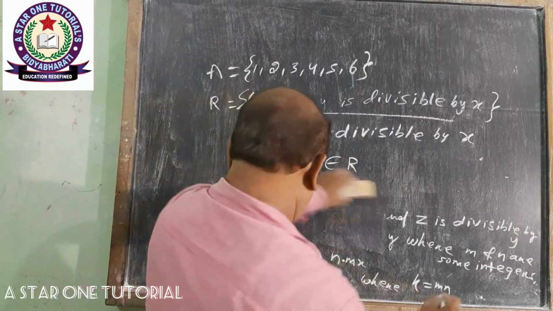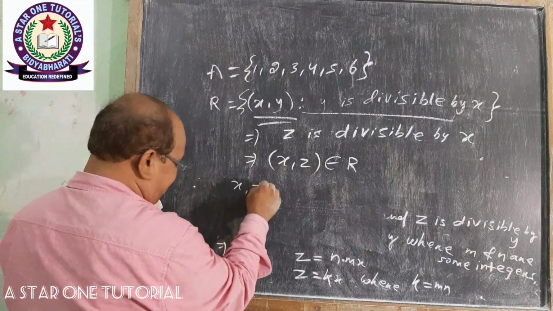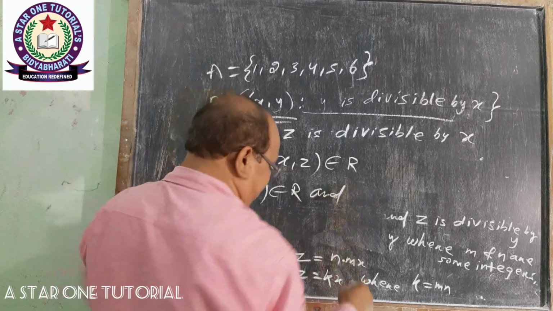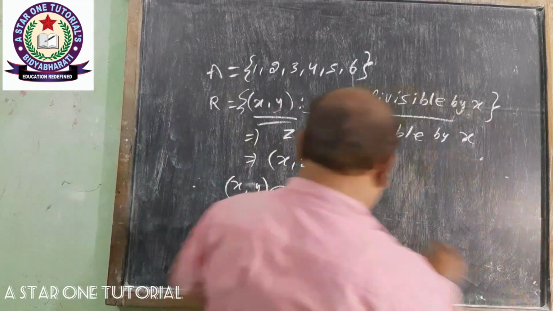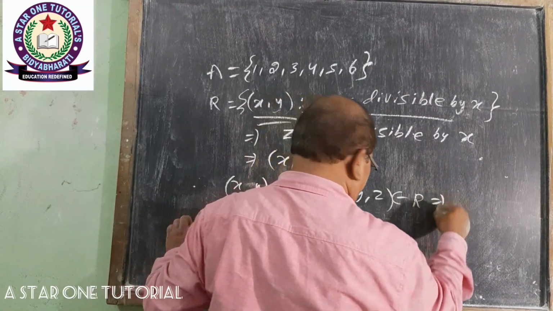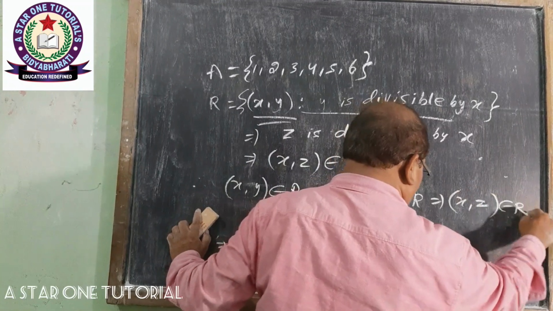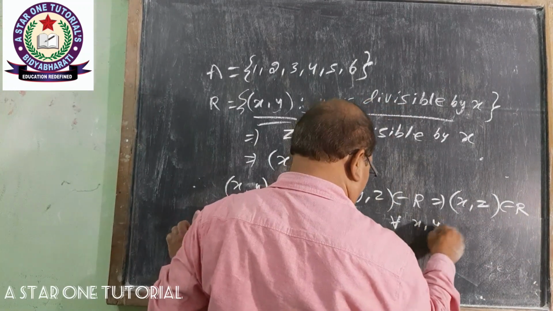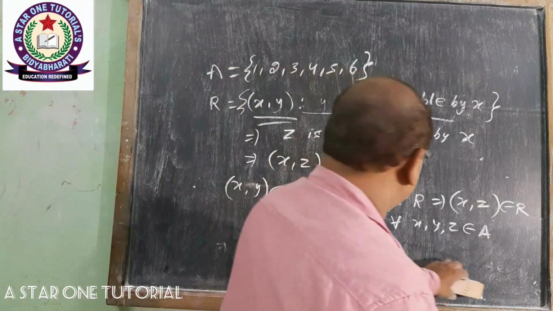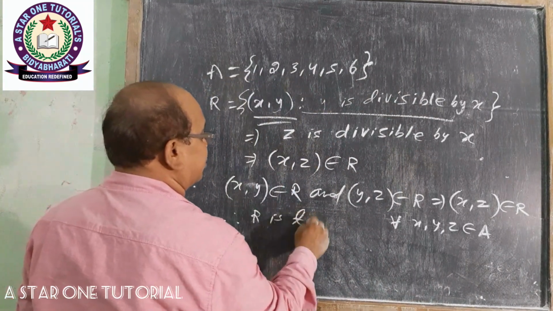Thus, we can write that (x, y) belongs to R and (y, z) belongs to R implies that (x, z) belongs to R for all x, y, z belonging to the set A. This is the condition for transitive. Therefore, we can say that R is transitive.